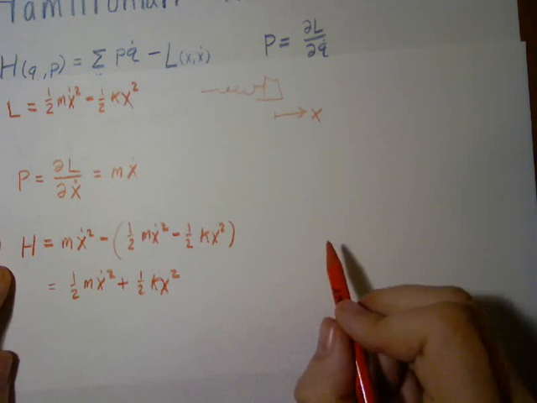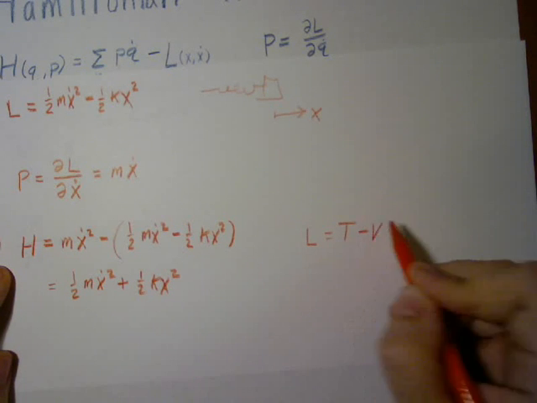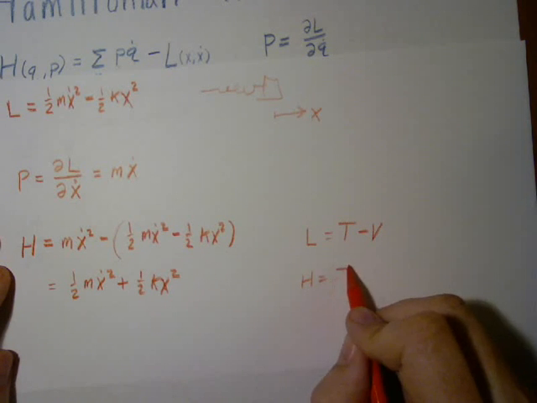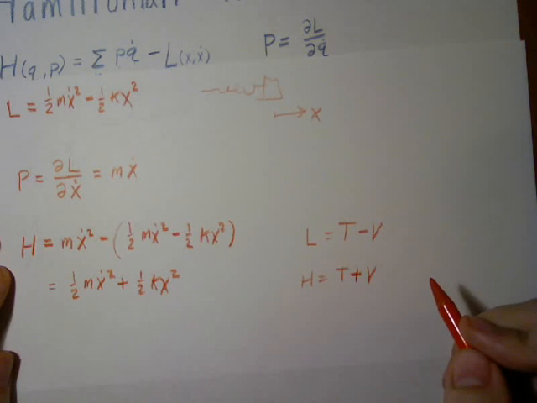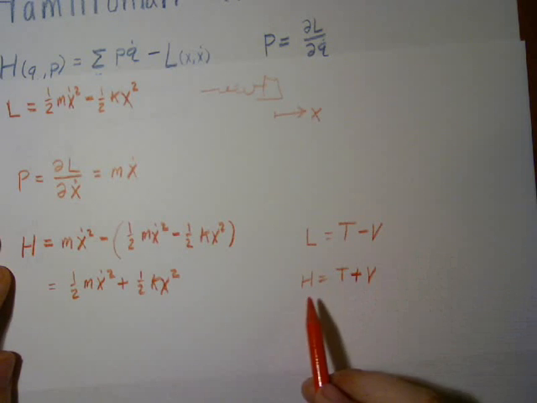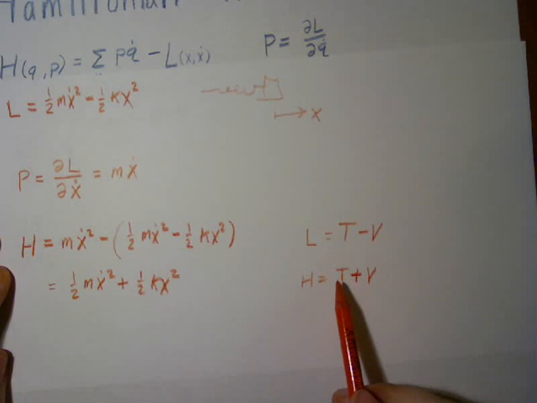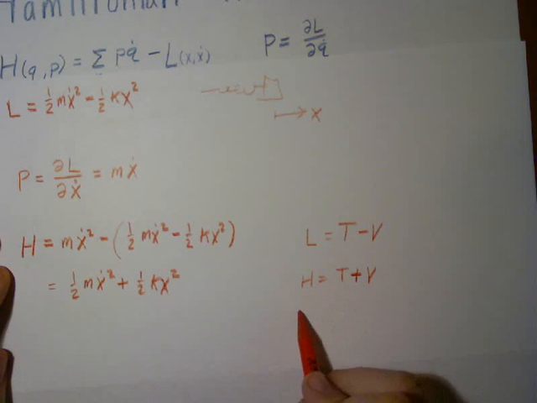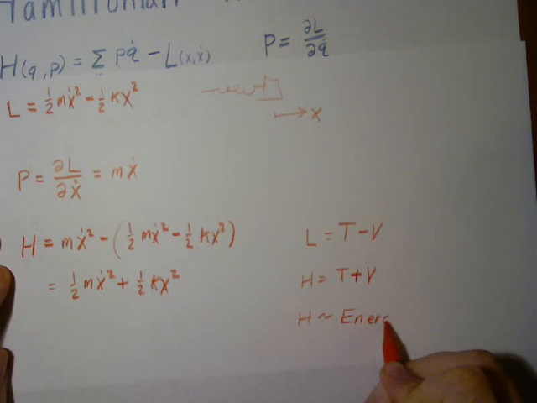You'll notice that our Lagrangian was T minus V, and our Hamiltonian just became T plus V. This is not always true, but if we've satisfied two conditions, we can make this shortcut that the Hamiltonian is T plus V, or in general that the Hamiltonian really is energy.